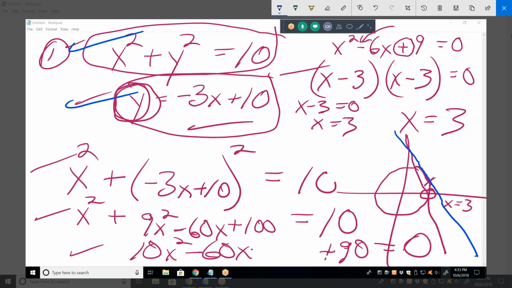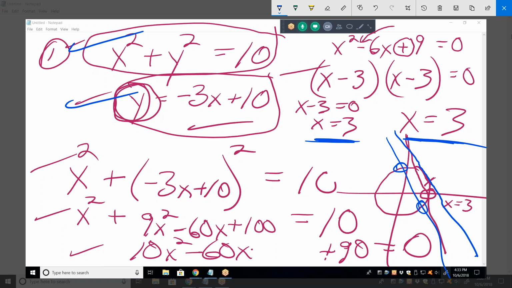And I know exactly that that blue line is tangent to the circle. The reason is that I only came up with one solution. If it was this, I would have two solutions. I would have a solution there. I would also have a solution there.